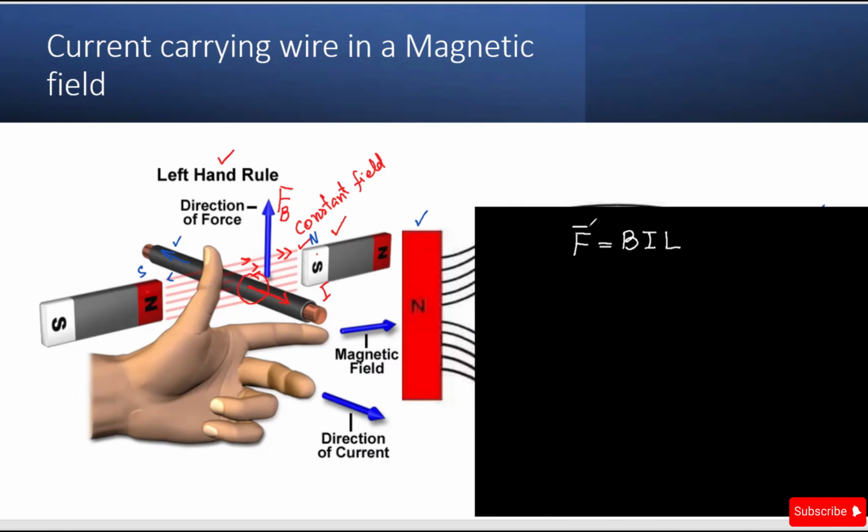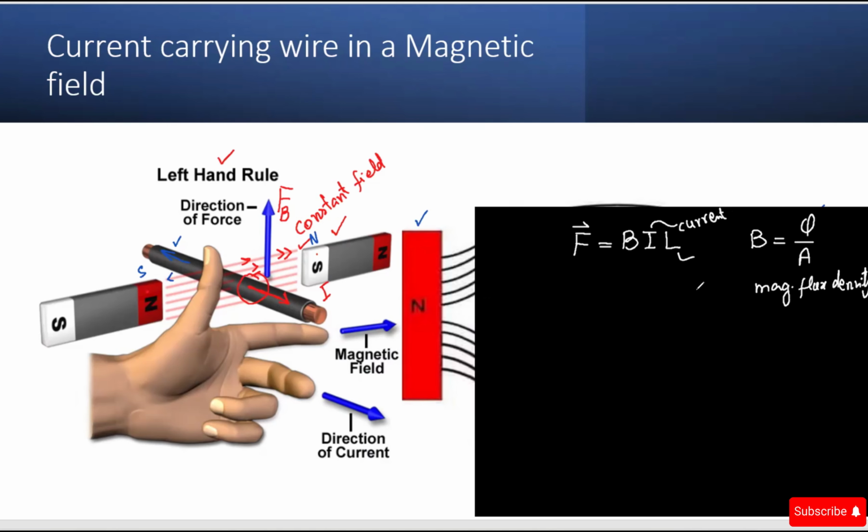F is the force, a vector quantity. What is B? B is the magnetic flux density. I is the current, the value of current in the wire.